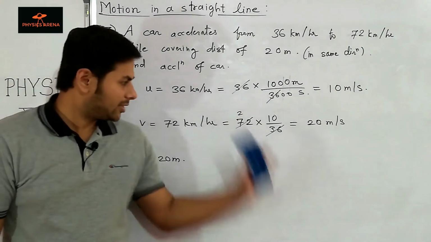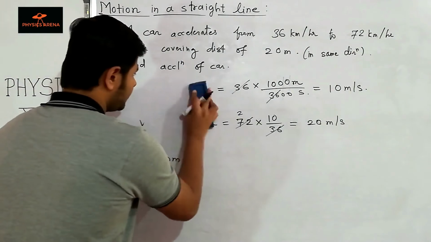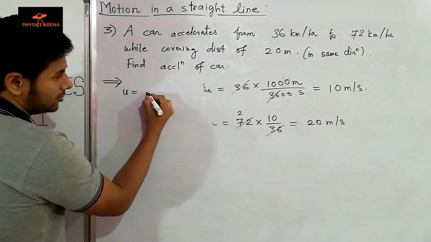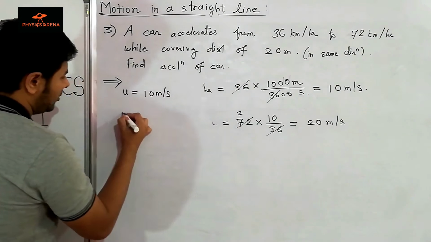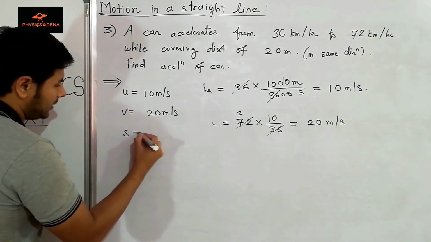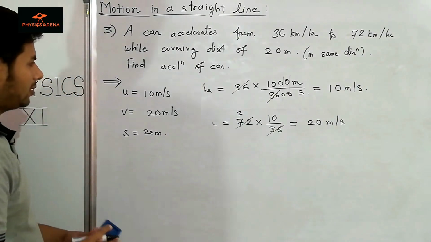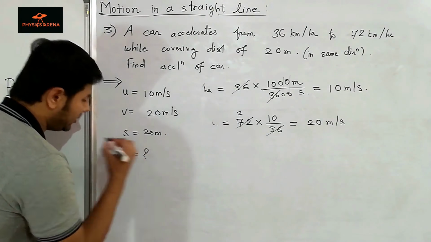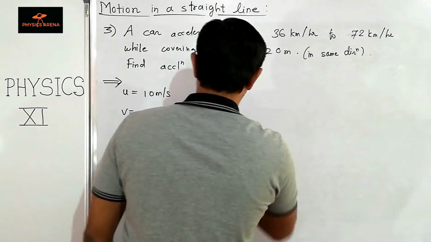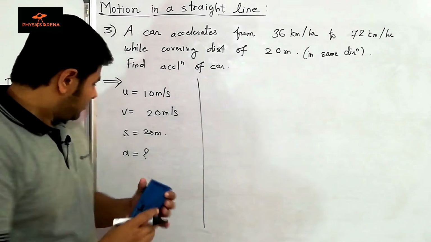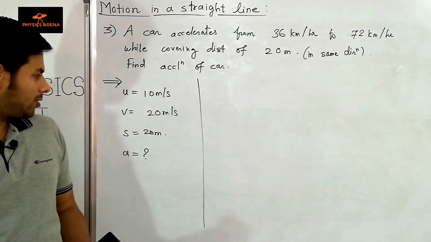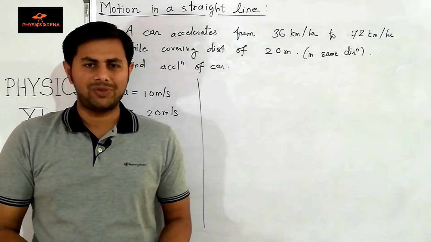Okay, so let me just rewrite this. u equals 10 meters per second, v equals 20 meters per second, and s equals 20 meters, and we have to find the acceleration. Now it's quite straightforward. We have to use a kinematical equation of motion.